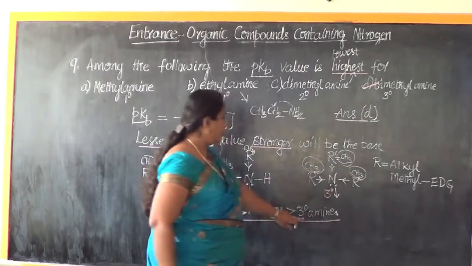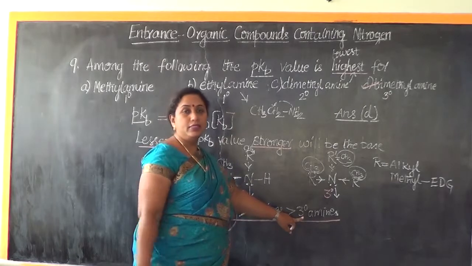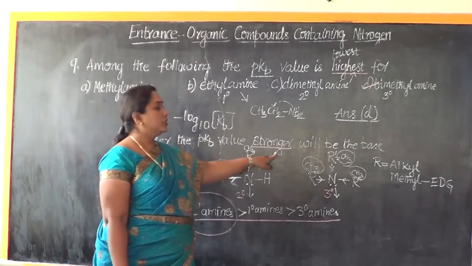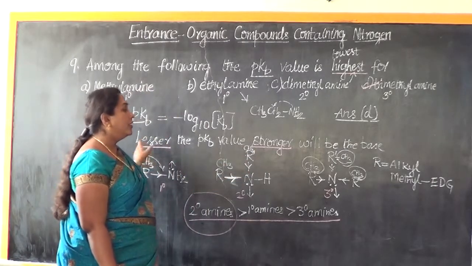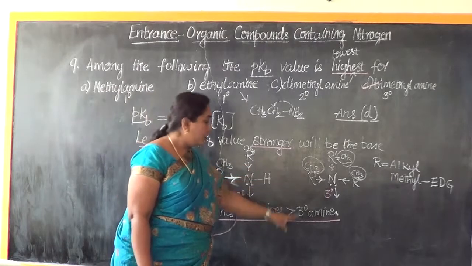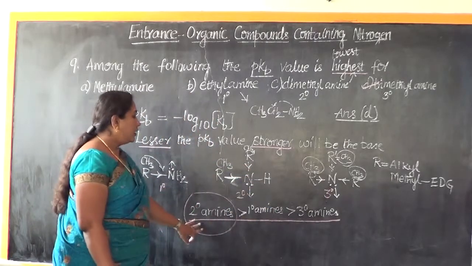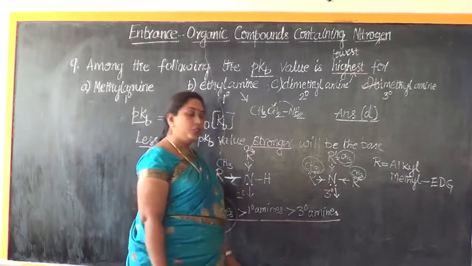As you know, tertiary amines will be having the least basicity. That means the lesser the pKb value, the stronger the base. If the pKb value is greater, the weaker the base. Which will be the weakest base among the three types of amines? Secondary amines are more basic than primary amines, which are more basic than tertiary amines.